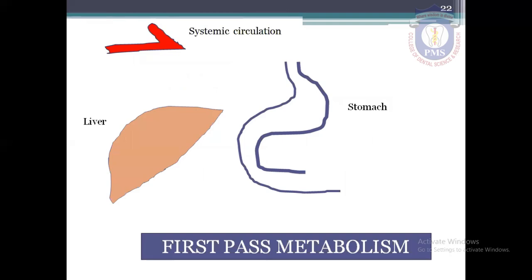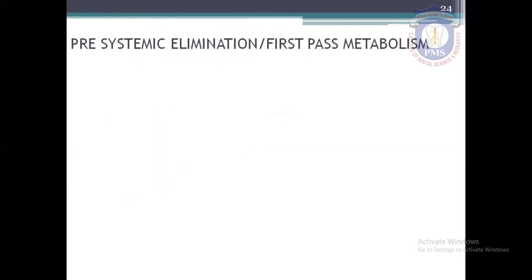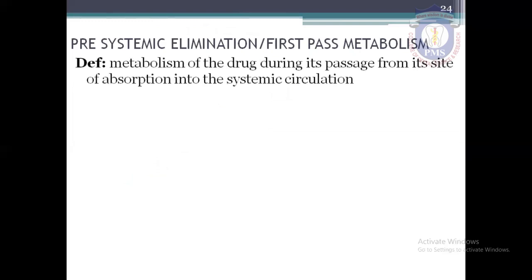Then about first pass metabolism. It is the metabolism of a drug that occurs before it reaches the systemic circulation. Major sites of first pass metabolism are the gut wall and liver. Pre-systemic elimination or first pass metabolism: here, the metabolism of the drug occurs during its passage from the site of administration to the systemic circulation.